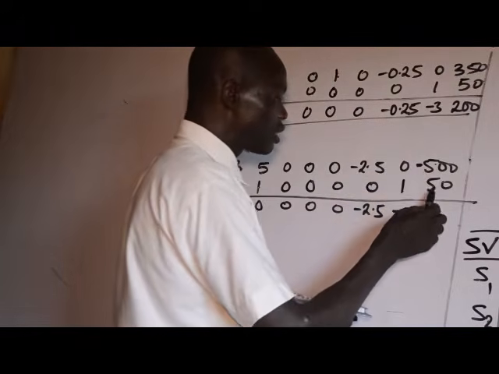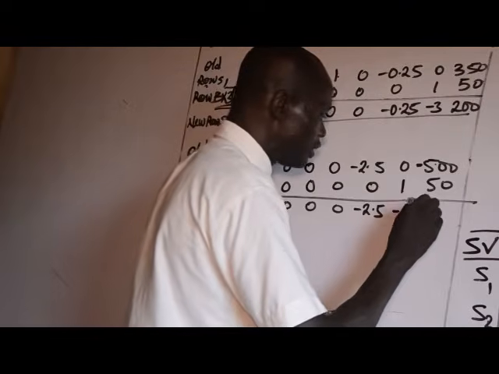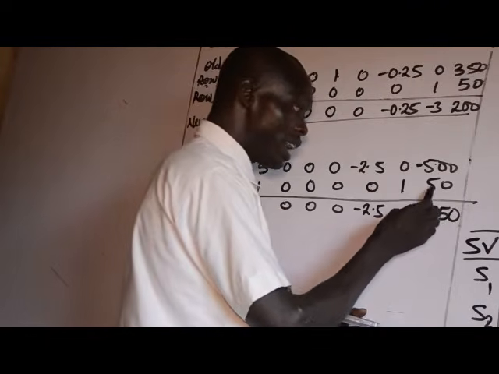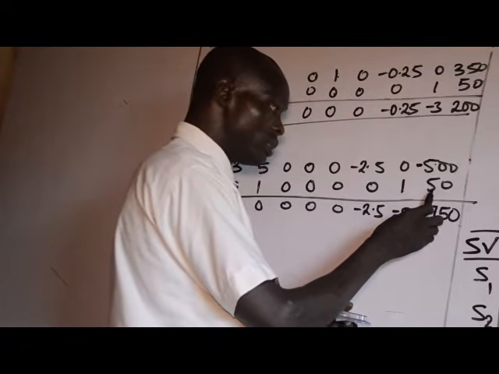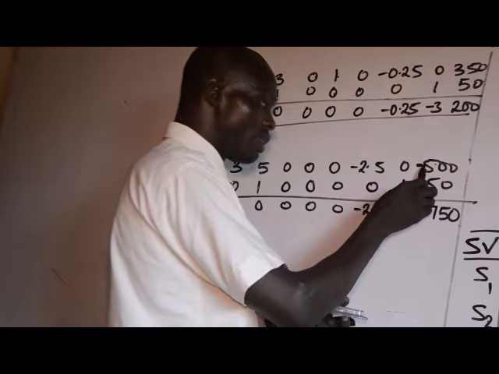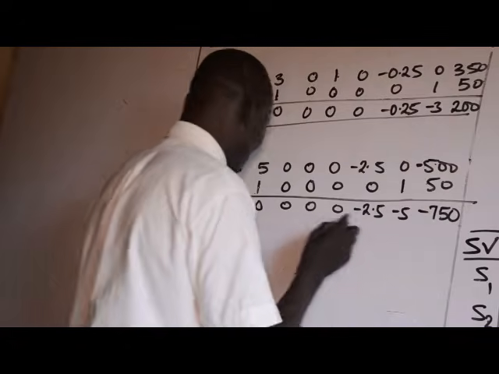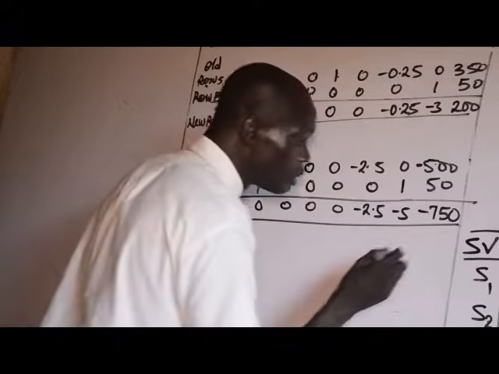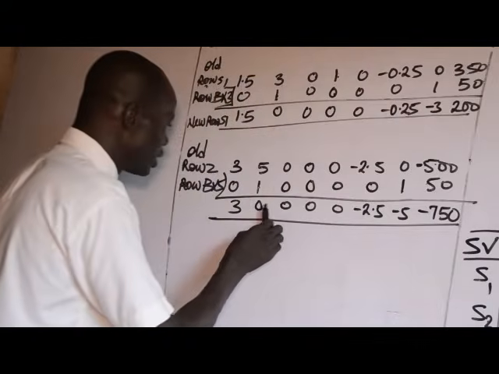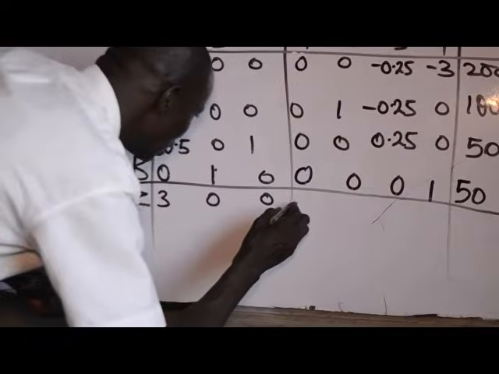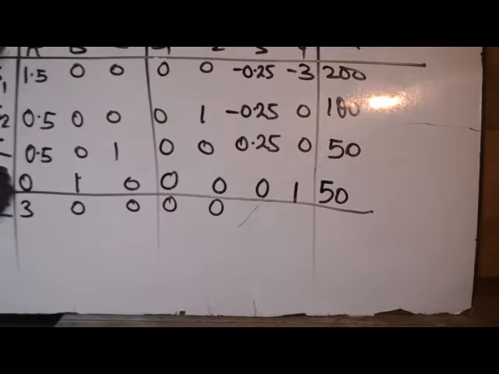Minus 500 minus 250 will be minus 750. So this is the new row Z: 3, 0, 0, 0, 0.